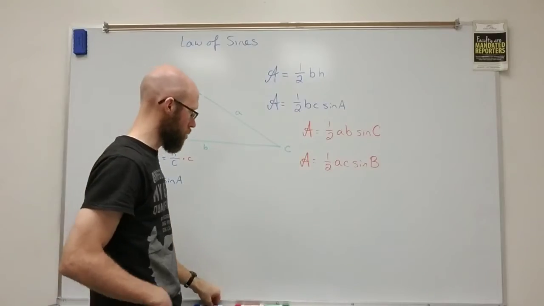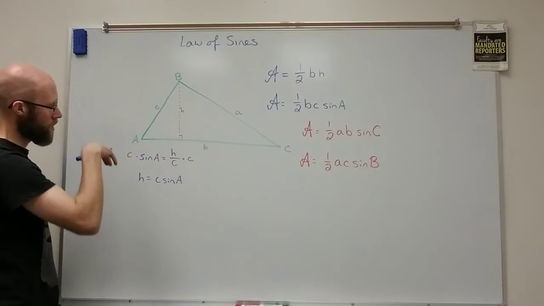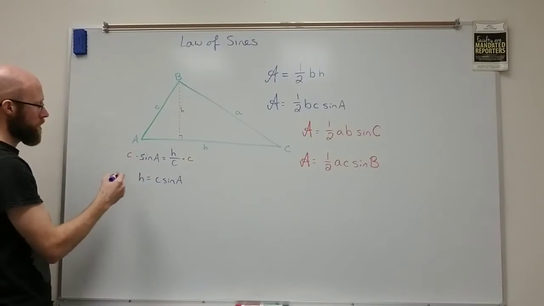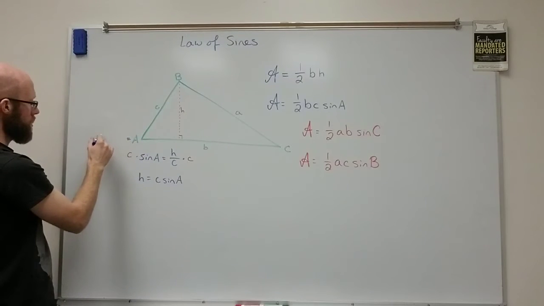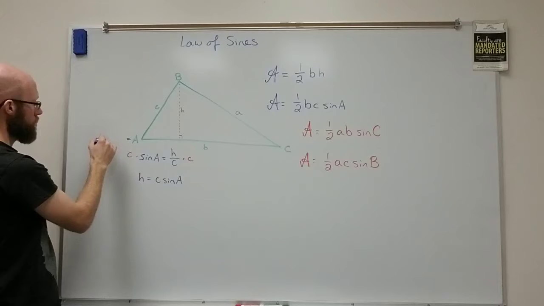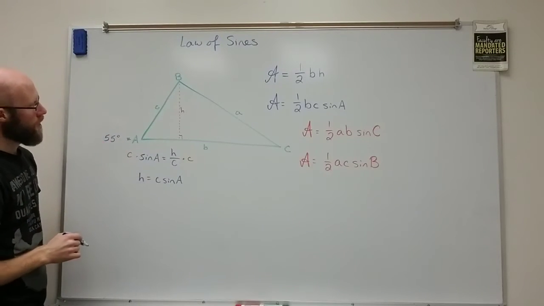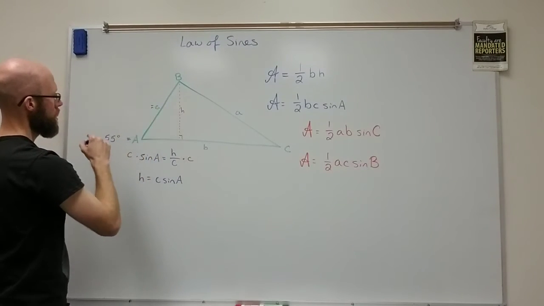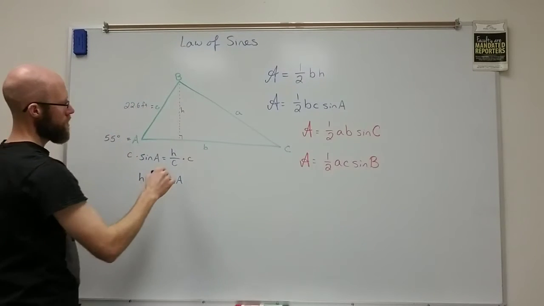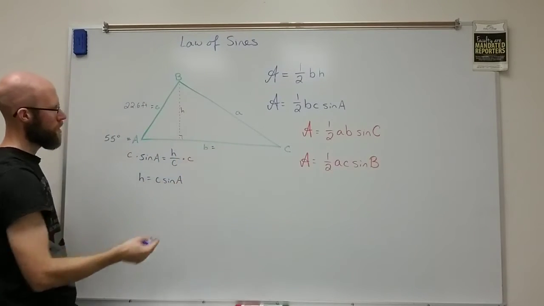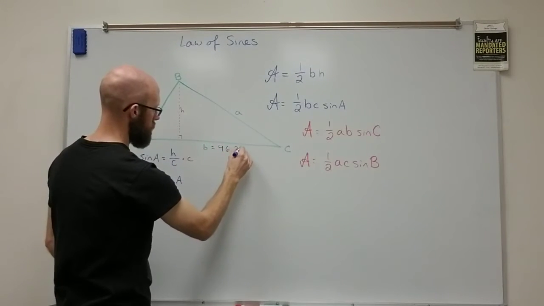And just as a quick example, let's use this diagram. Let's say the angle A is 55 degrees, side C is 22.6 feet, and side B, which is going to be a longer one, let's make it 46.3 feet.